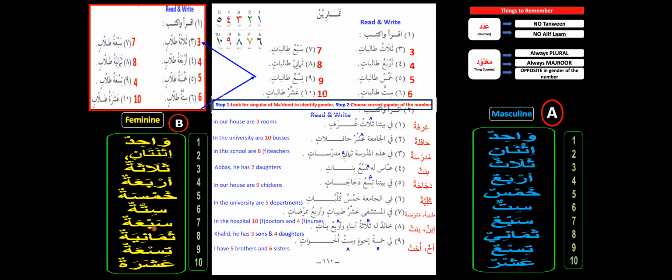If you just look at what is written there and you don't look for the plural, for example, if you look at ikhwatin on its own, then you will say, oh, this is a feminine ma'dud, so let me pick a masculine number, and you will end up making a mistake by picking khamsu, whereas it should not be khamsu, because ikhwatin, the singular is akhun.